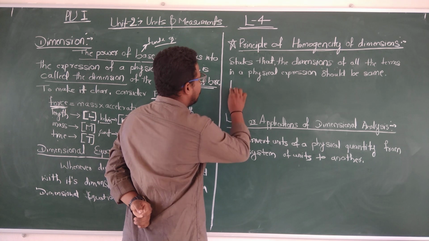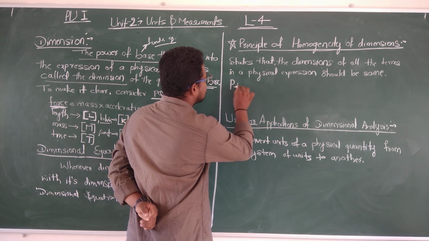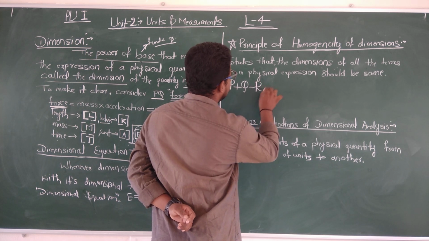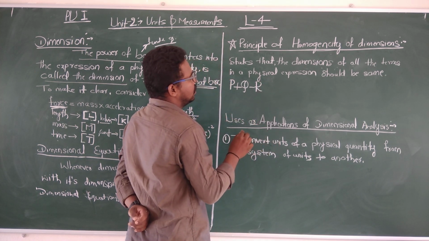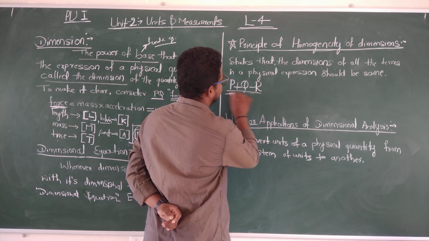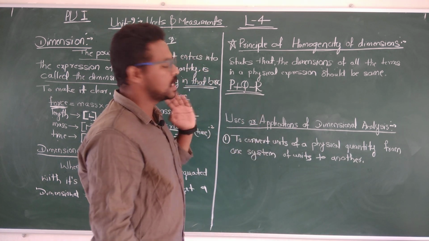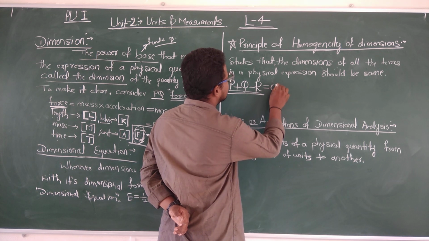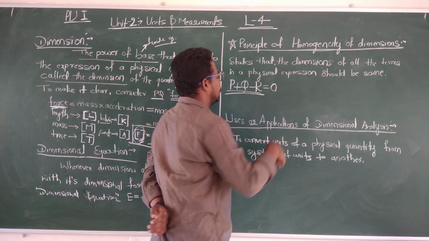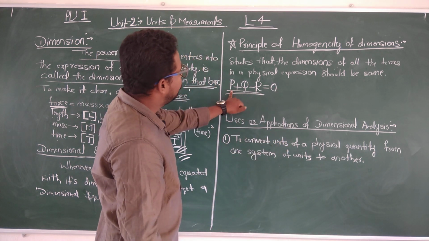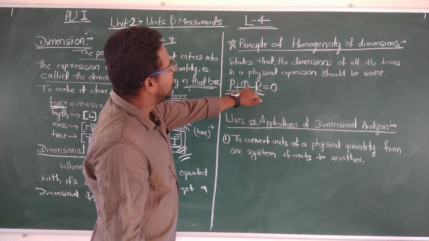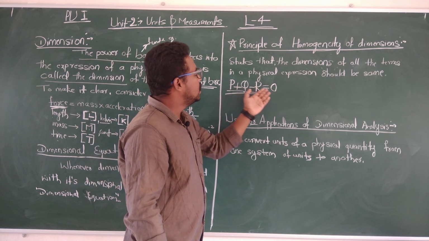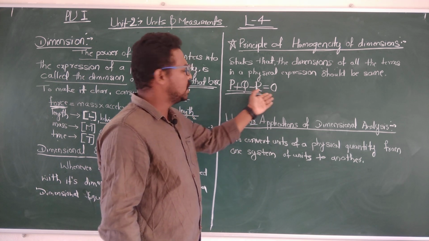Let us consider P plus Q minus R as a physical expression. This is equal to 0. P plus Q minus R is a physical expression, and it is equal to 0. This is the physical equation.